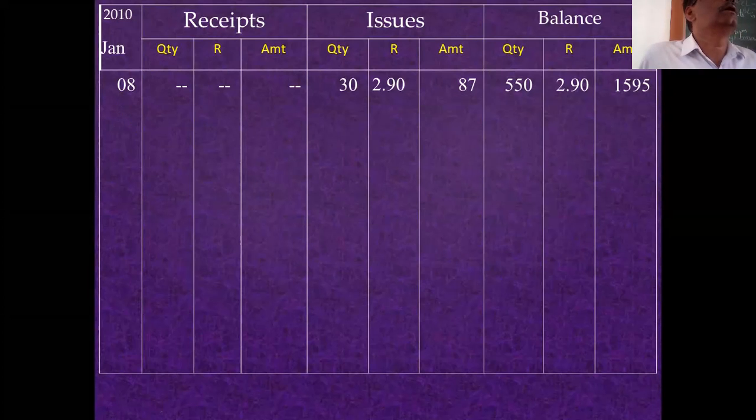What is the transaction? Received back from the work order. Received means receipt, so you record in the receipt column. Date is 9. Quantity received is 40 units. It is received back from the work order which was issued on 5th January.